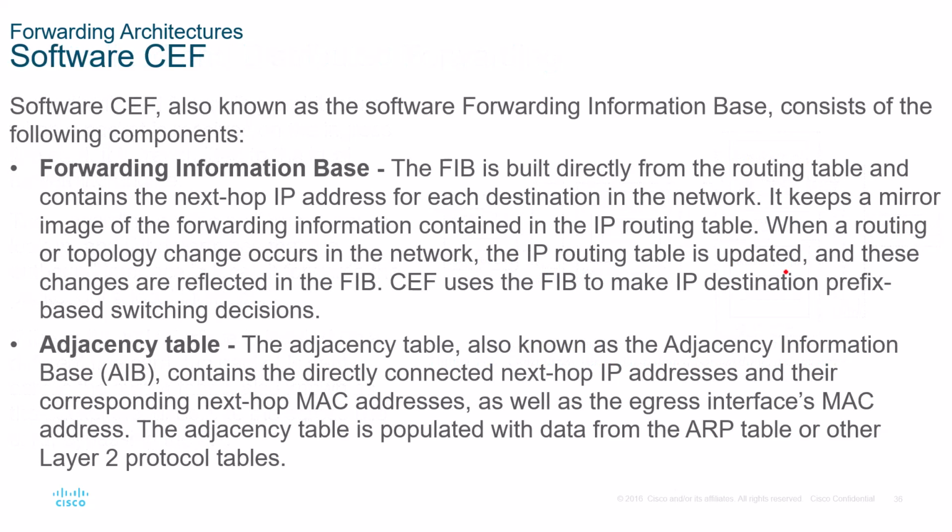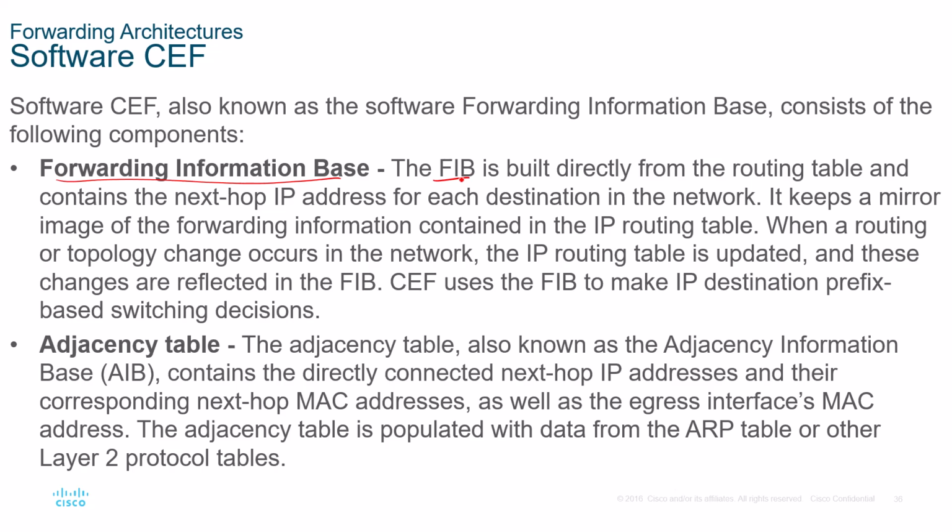There is software CEF, and it will build a FIB, forwarding information base. This is built directly from the routing table and contains the next hop information. It keeps a mirror image of the forwarding information contained in the IP routing table.